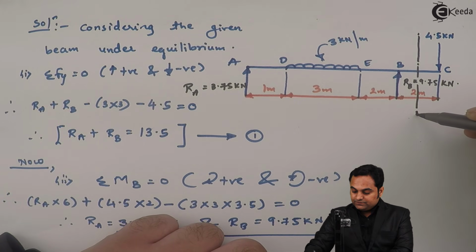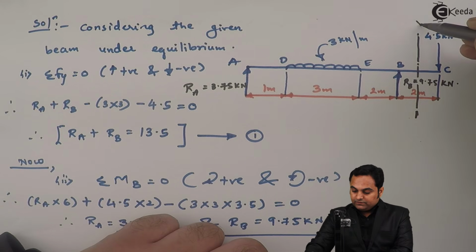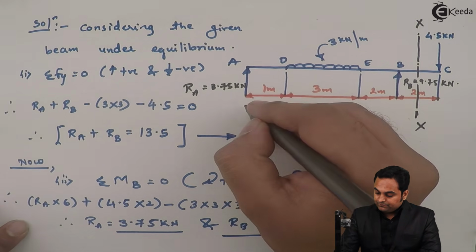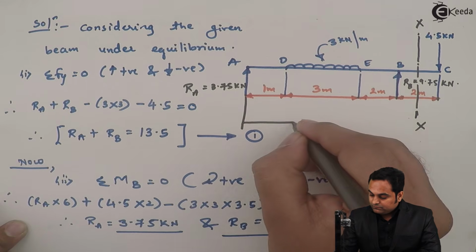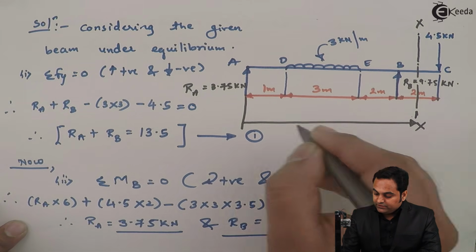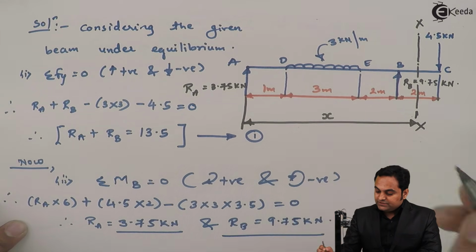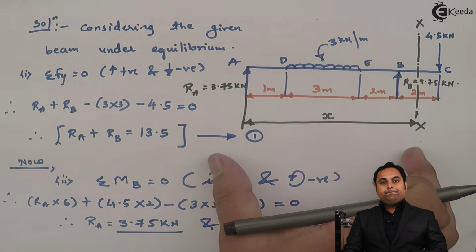So this is the section XX located at distance x from point A.